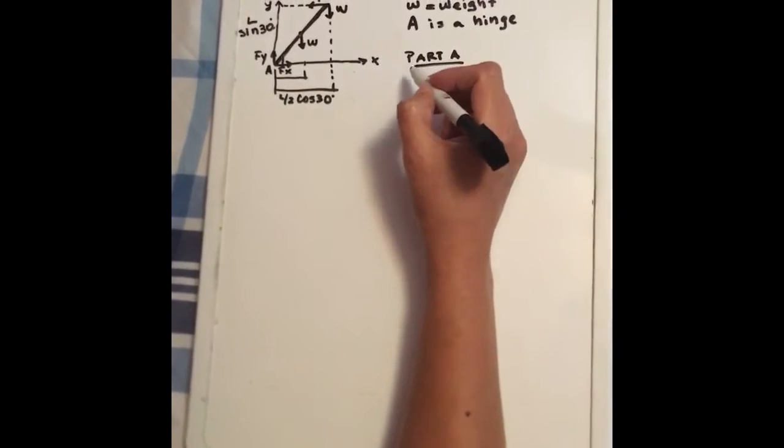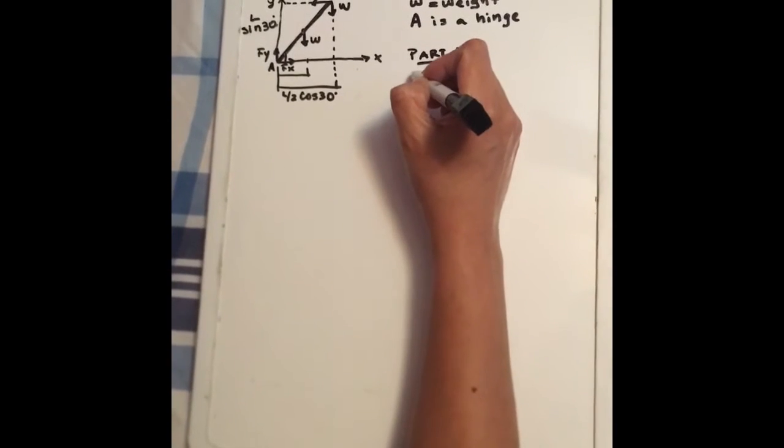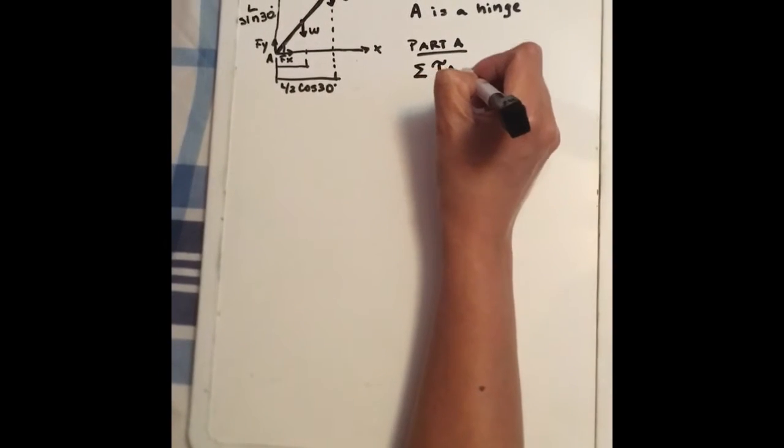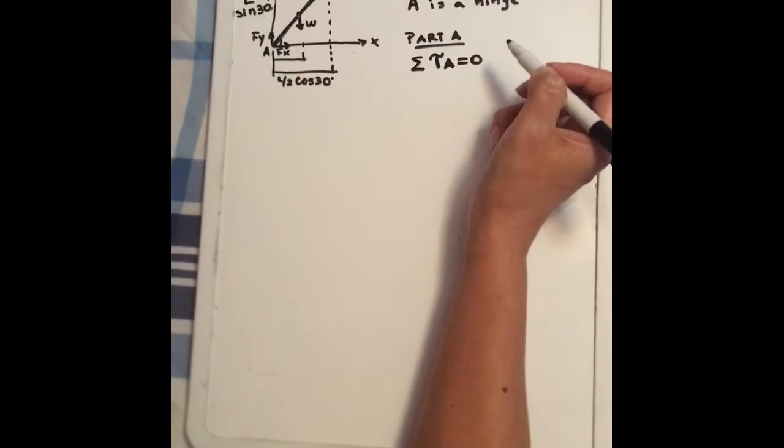For find the tension, we know that the addition of all the torques at the hinge A equals 0 because the system is in equilibrium.